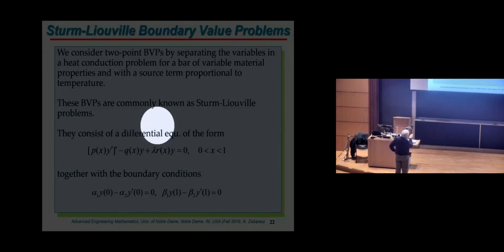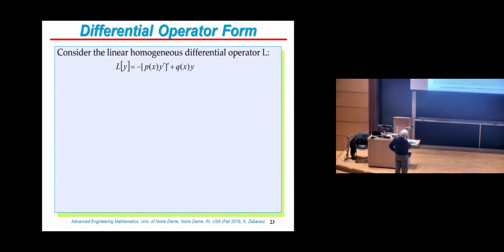So look at this equation carefully, all right? So you have p y prime, and then the whole thing derivative, minus qy, plus lambda r y equal to 0. So I want to look at the first two terms with a minus sign, actually. So how about if I do the following?